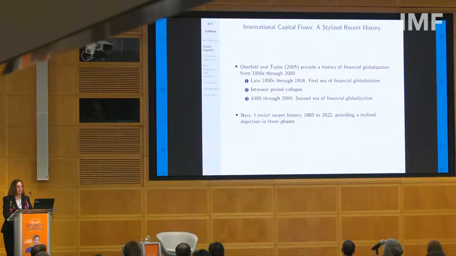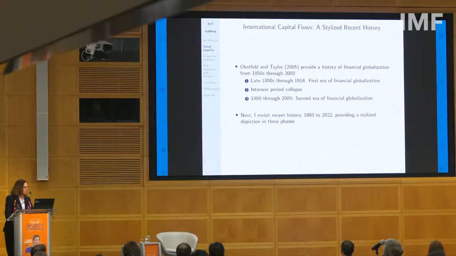The first era of financial globalization occurred prior to 1914, then collapsed during the interwar period. The world economy experienced the second era of financial globalization from 1980 through 2000, which was the end of their sample period. So next, I provide my own brief history of the period since 1980.